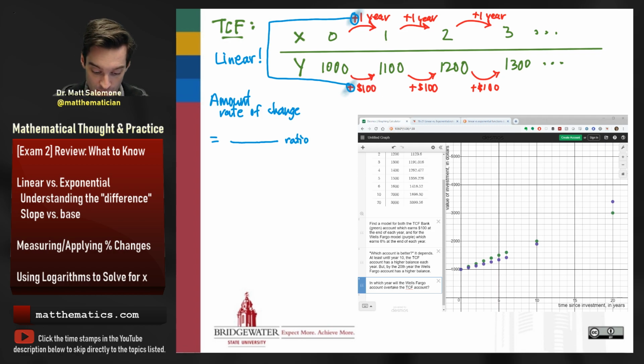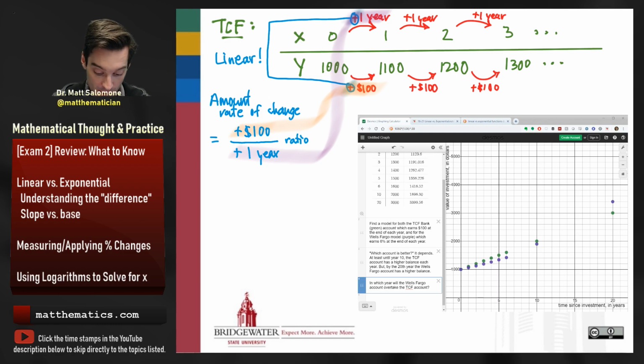So I'm going to take that $100 and I'm going to make it the numerator in my fraction here. So plus $100. And then I'm going to take my amount change in x. I'm going to make that my denominator in this change fraction here. So that becomes the downstairs plus 1 year.